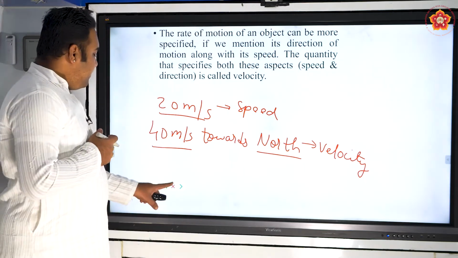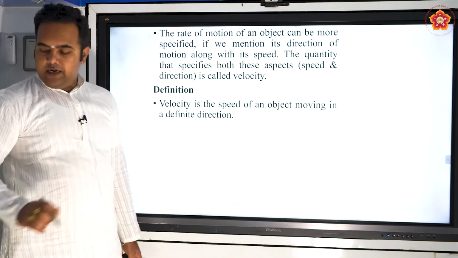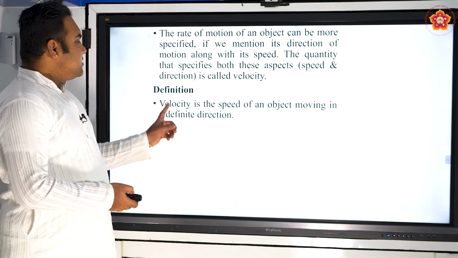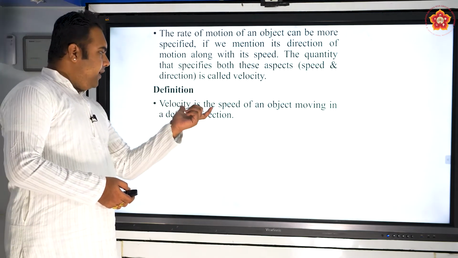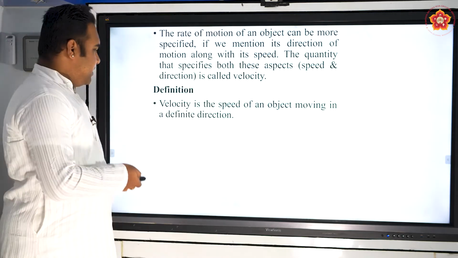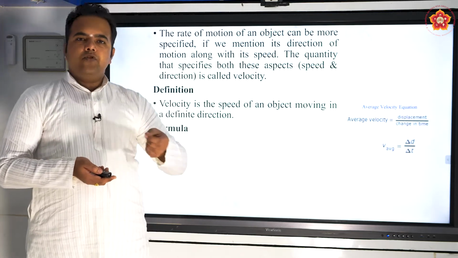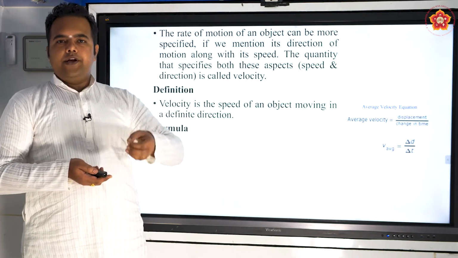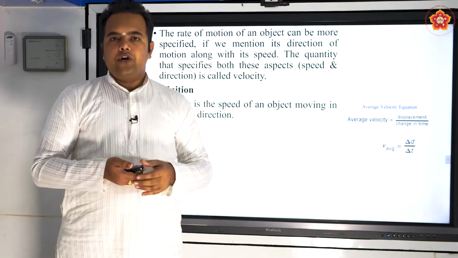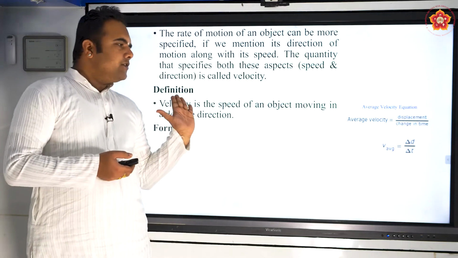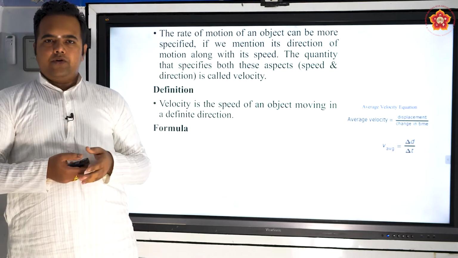So for better ease of understanding, this is how we take up the definition of velocity. Velocity is the speed of an object moving in a definite direction. It's nothing but speed, but with a specified direction. The formula for velocity, generally, because the motion is continuous, we keep on moving from point A to B, B to C, C to D and so on. So we talk of the total net displacement now. For average speed, we have total distance and total time, the ratio.